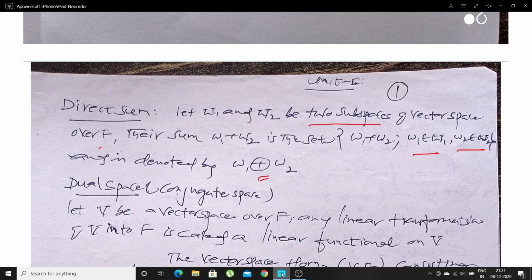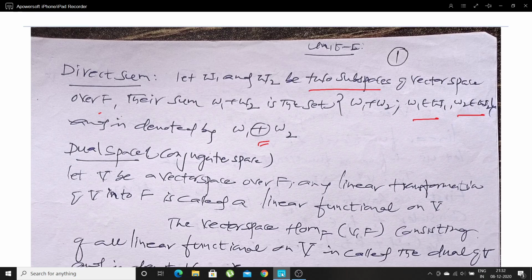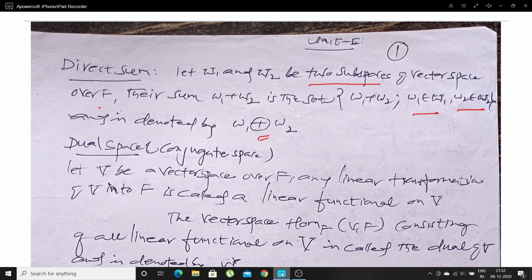Okay. The next definition, dual space. Now the question arises, what is the meaning of dual space?